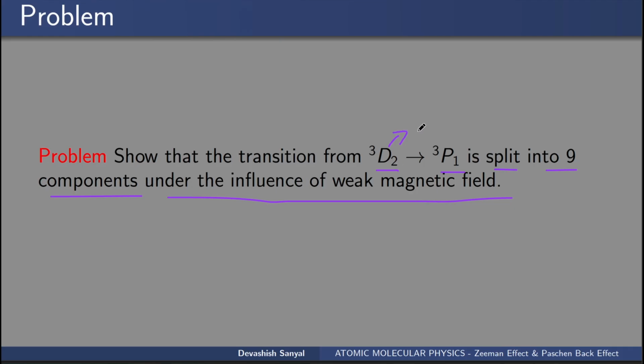This one will be split into 5 energy levels, this one will be split into 3 energy levels, and you have to calculate the Lande factor for this one as well as for this level. If the Lande factor is not 0, then it will be split into 5 and this will be split into 3, and then using the selection rule you have to find out the transitions.